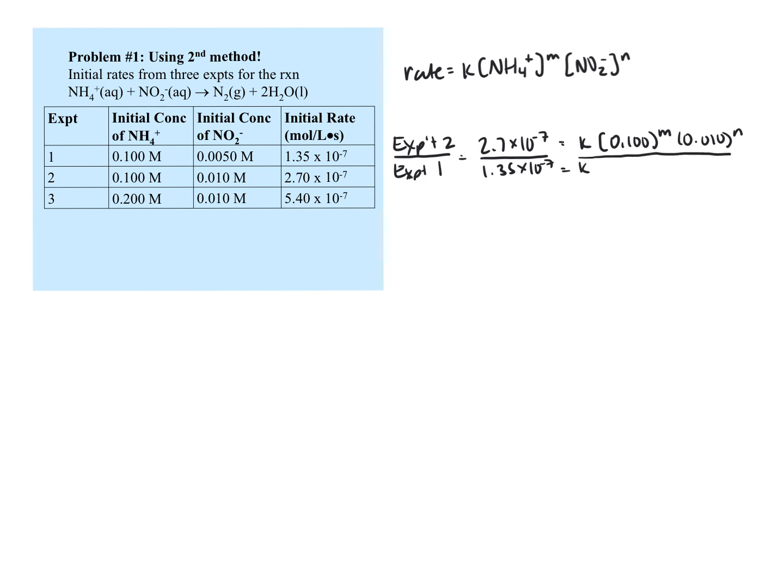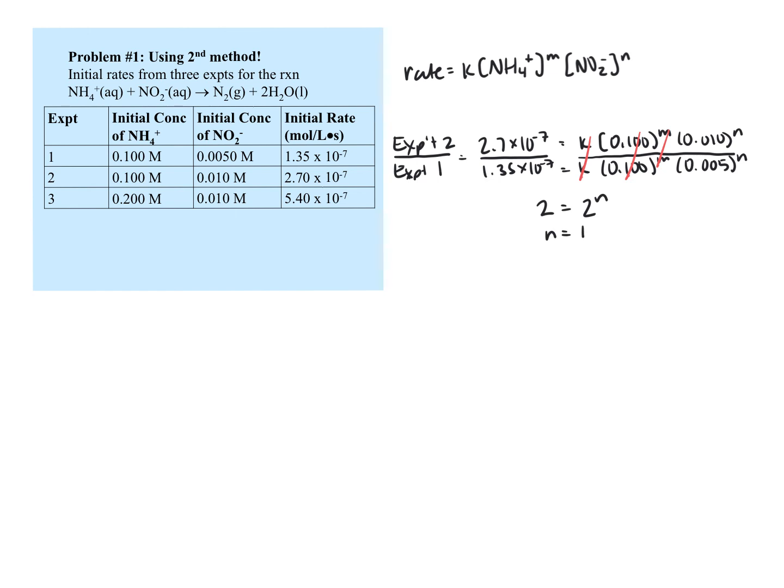And on the bottom, we put 0.100 to the m, 0.005 to the n power. And then using your understanding of exponents and division, these cancel and these cancel because they're the same. So when you simplify that expression, you get 2 equals 2 to the n power, and n equals 1.